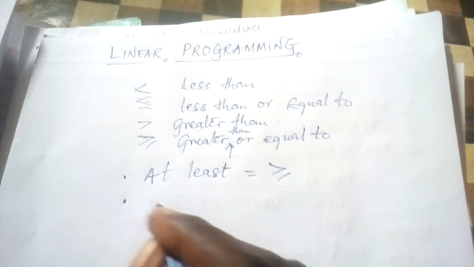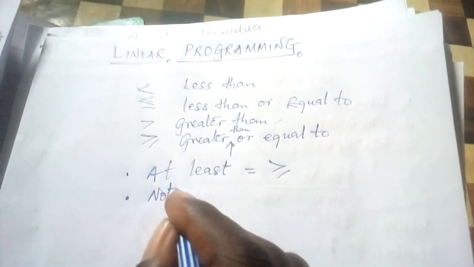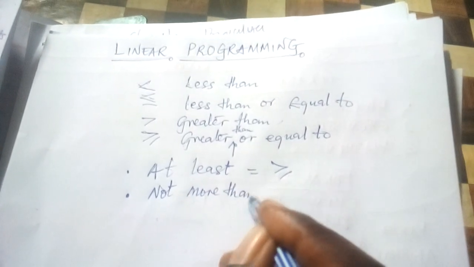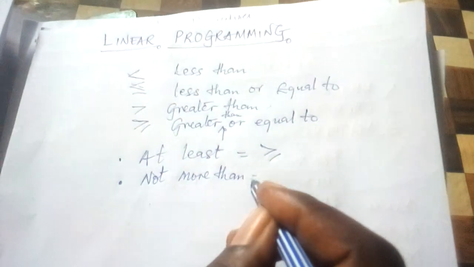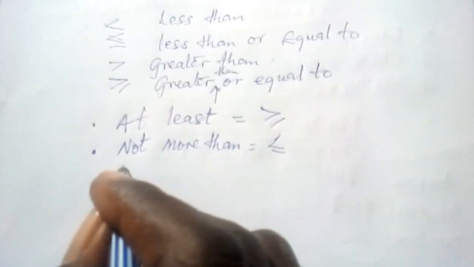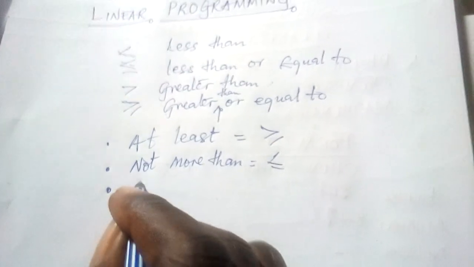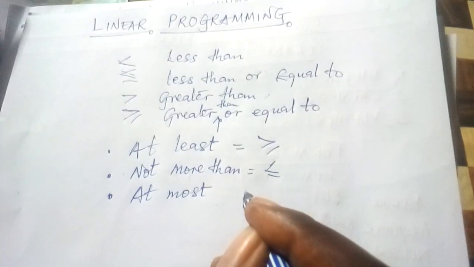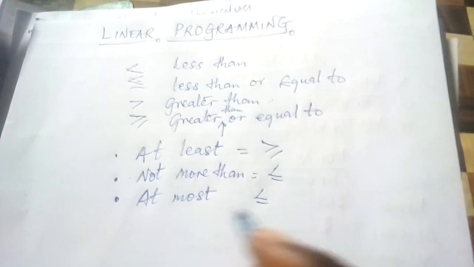When they say not more than, it means that it is less than or equal to. When they say at most, just know that it is a less than or equal to as well.